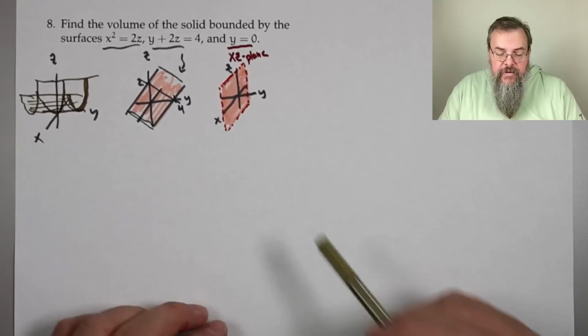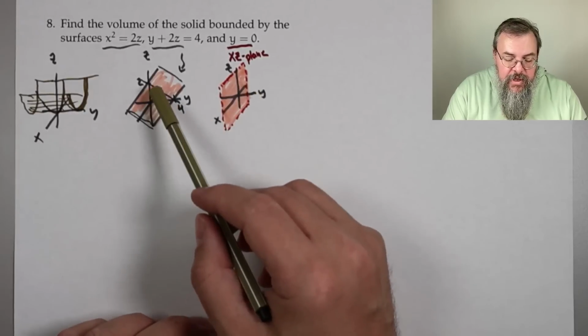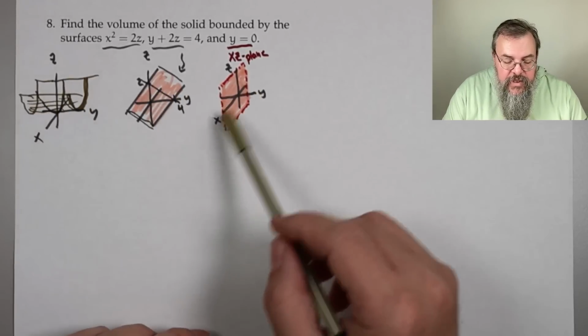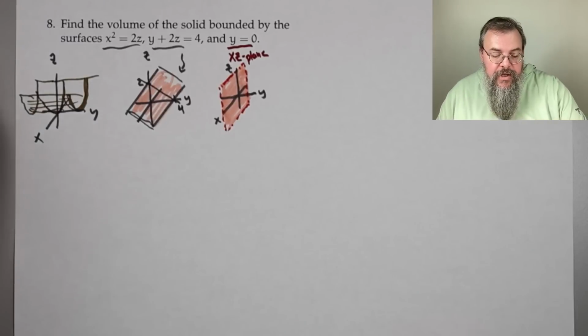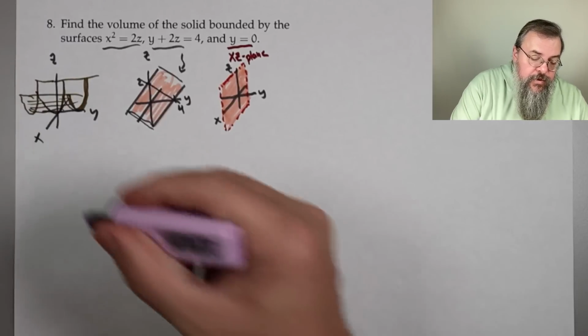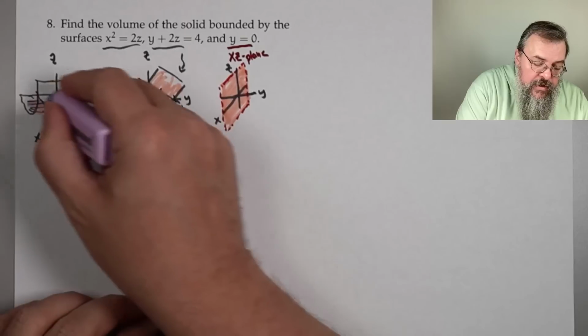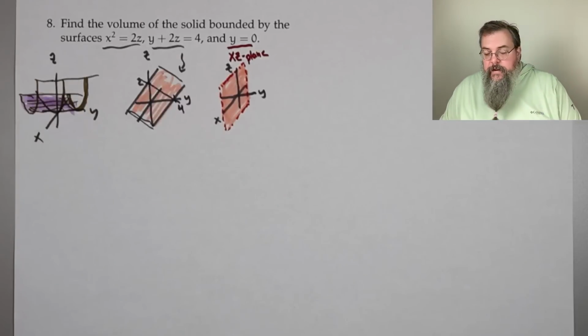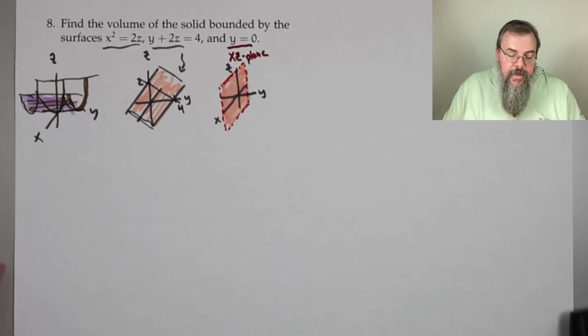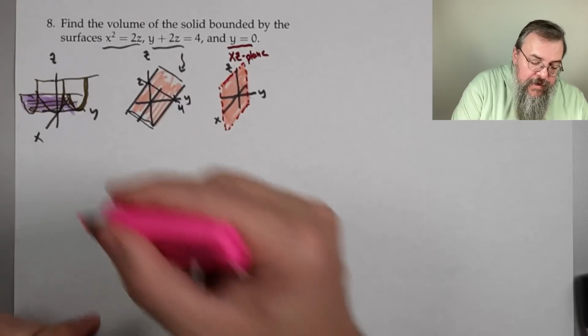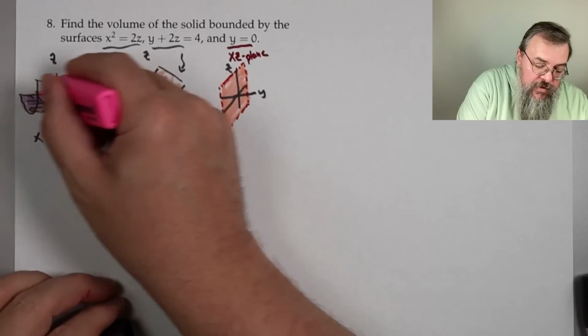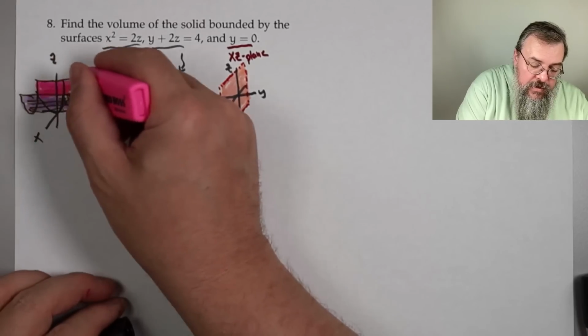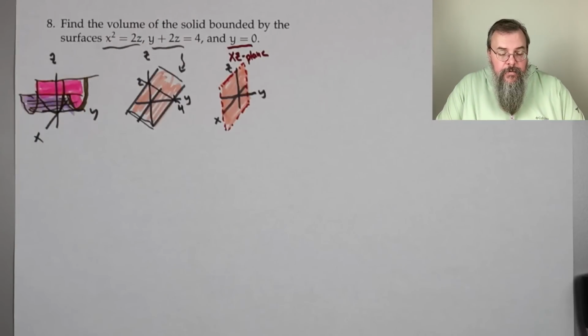Then I've got to be thinking about how these intersect, how they interact, and what we'll see is that it's a piece of the trough that's been cut off. So I say, okay, all right. So what's going on?